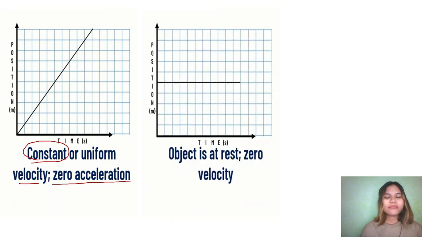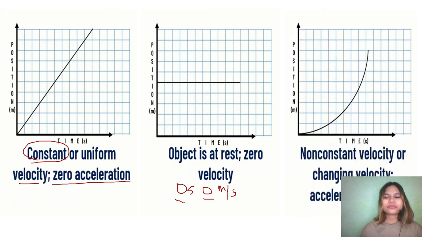Next, if you encounter a straight line like this one, napahiga, meaning the object is at rest, zero velocity, meaning hindi gumagalaw yung object. Let's say for example, we have here 0 seconds and 0 meters. That is 0, meaning the object is not moving, the object is at rest, hindi po siya gumagalaw.